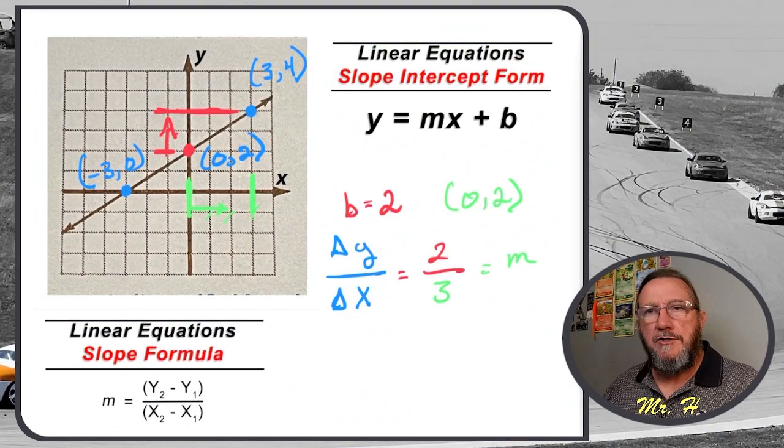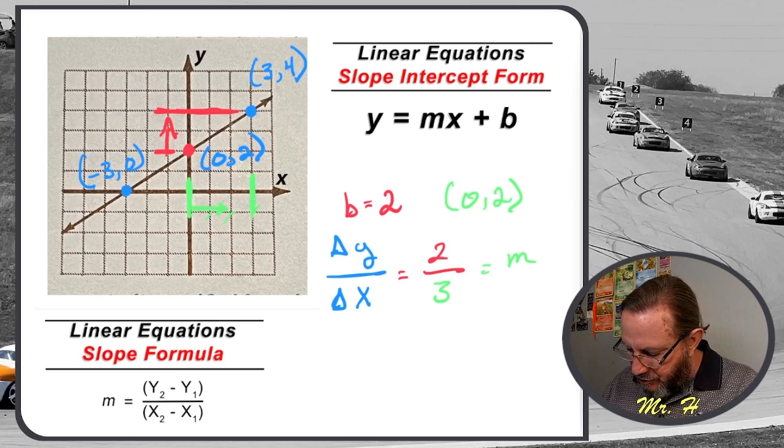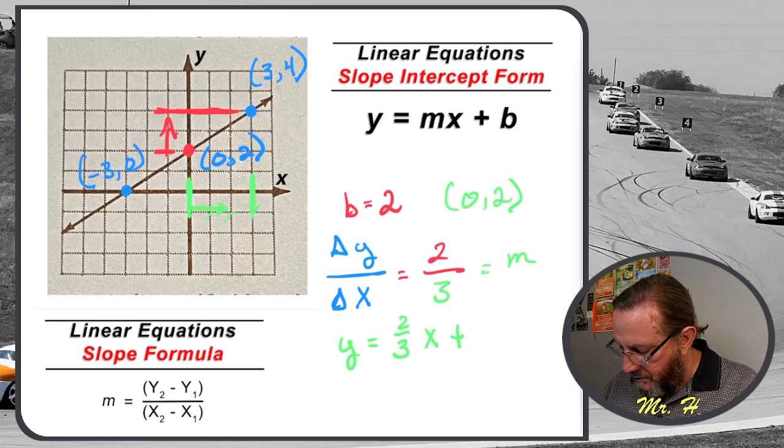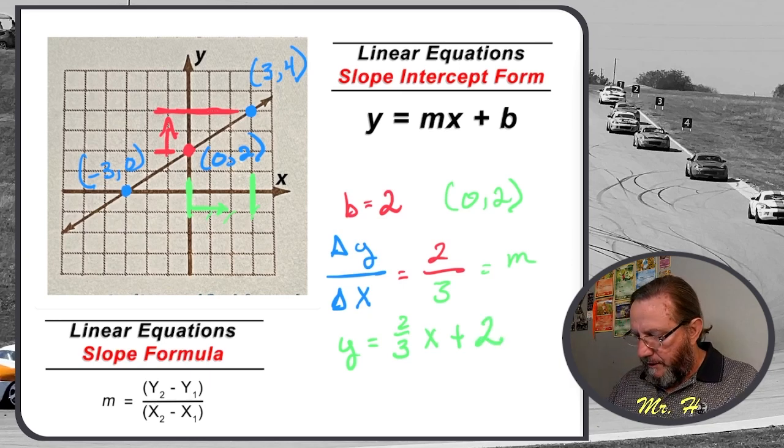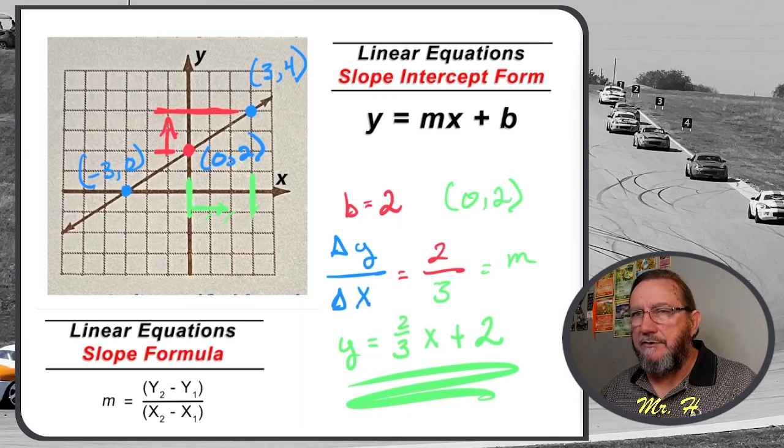This is the equation that I need: y = mx + b. I don't need the point-slope form because I have the information in hand already. I'm simply going to make my substitutions. y is equal to m, which was 2/3, times x plus the b value. The b value is positive 2, so we'll put a plus 2 right there. There we have our answer to that question.